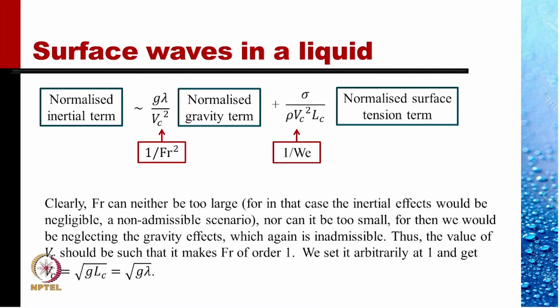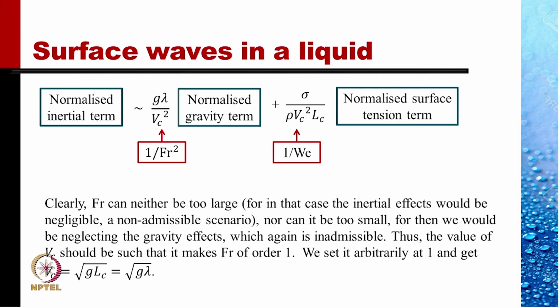Clearly, Froude number can neither be too large, for in that case the inertial force would be negligible, a non-admissible scenario, nor can it be too small, for then we would be neglecting the gravity effects altogether, and we know gravity effects cannot be neglected. Thus, the value of the Froude number should be of the order 1.